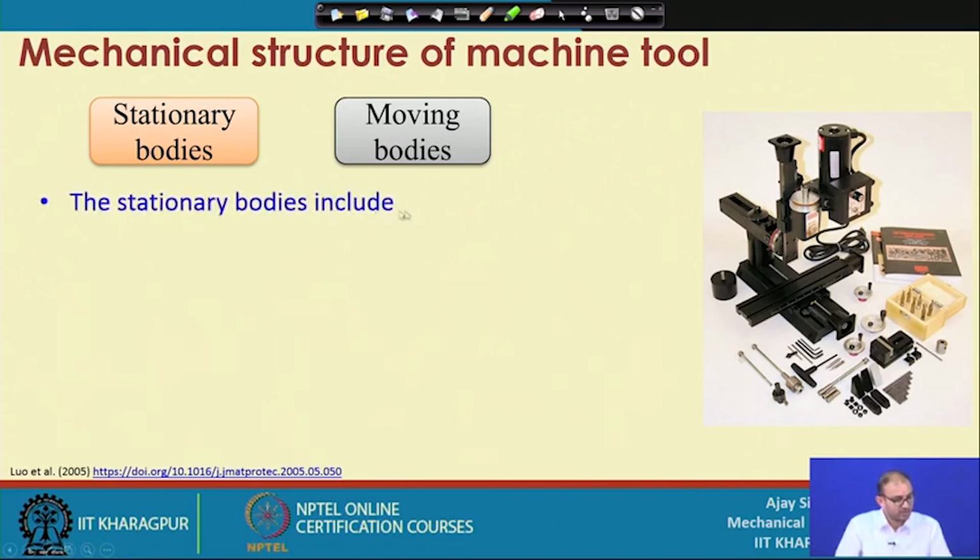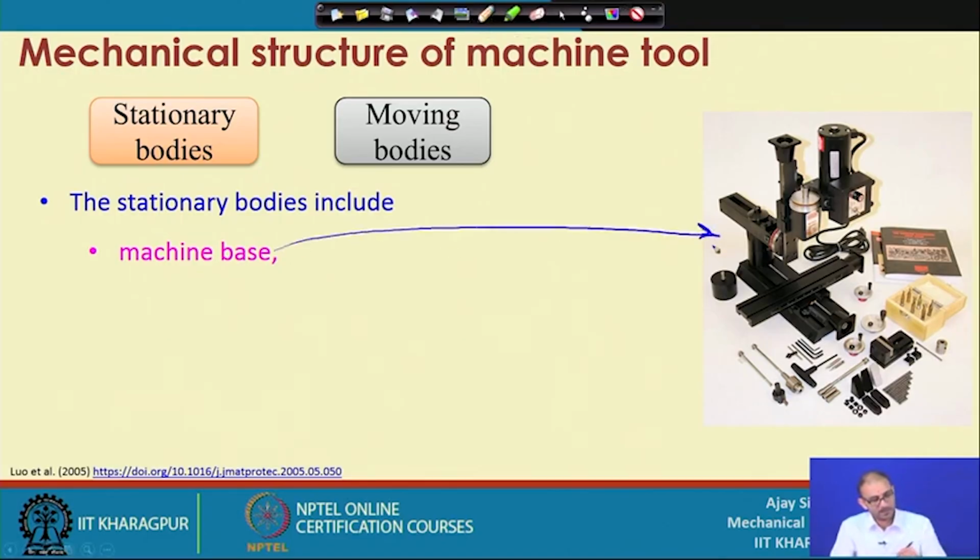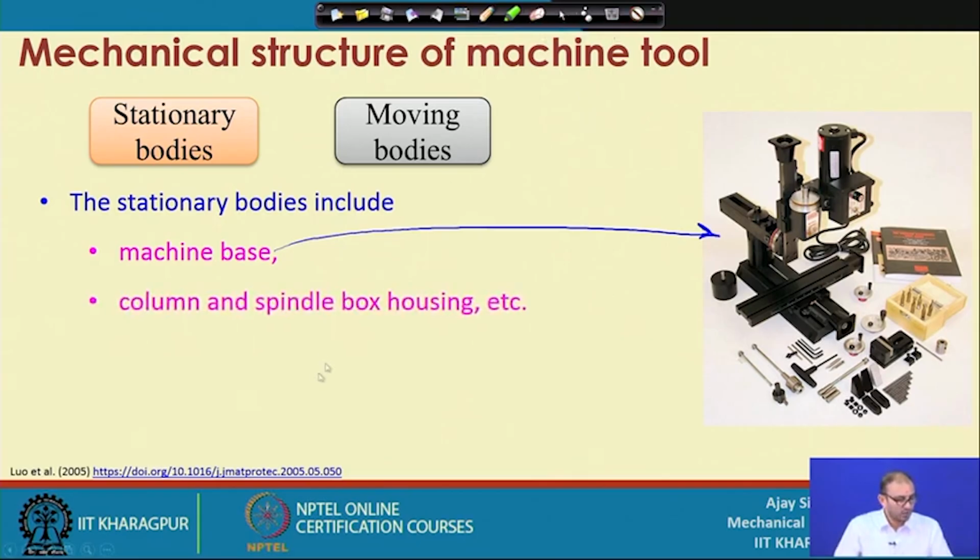So, for the stationary component, what things are included in this? The one is the machine base. So, this you consider the machine base. Correct. Column and spindle box housing. So, this particular thing is the base part.